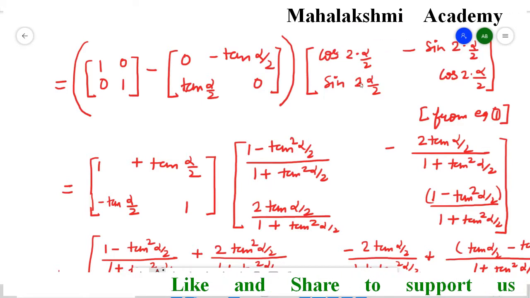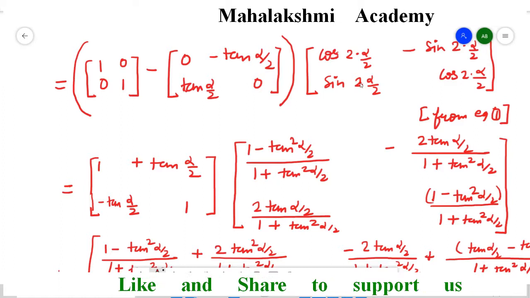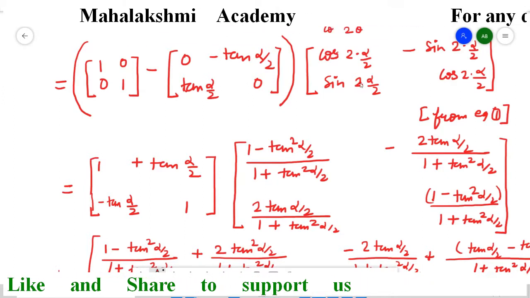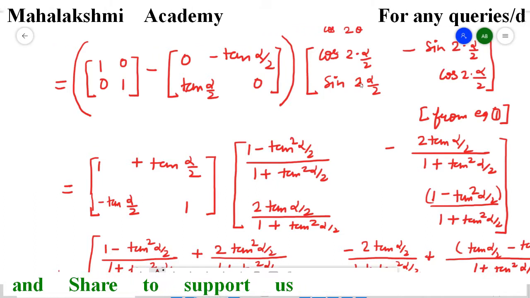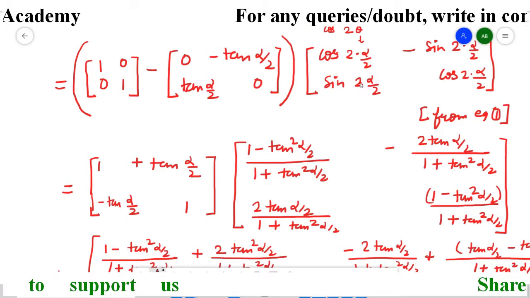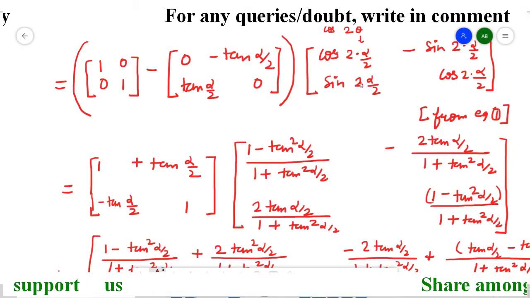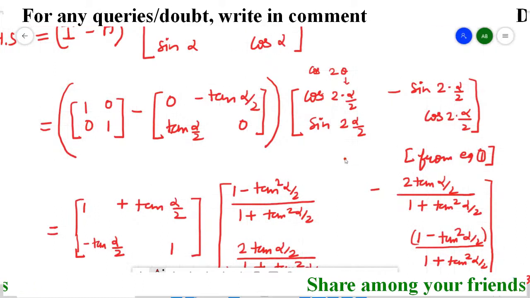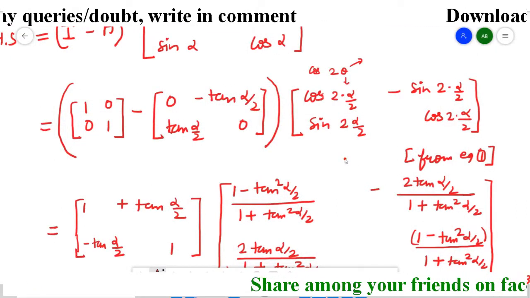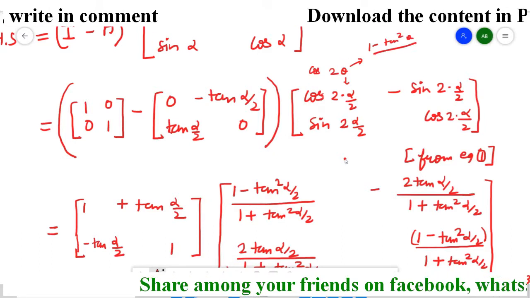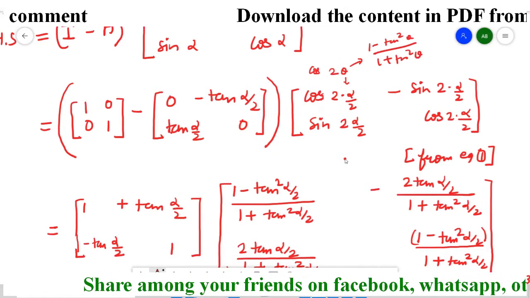So it will behave as cos 2 theta. What is theta here? Alpha by 2. Theta is alpha by 2. Now the cos 2 theta formula is 1 minus tan square theta upon 1 plus tan square theta.